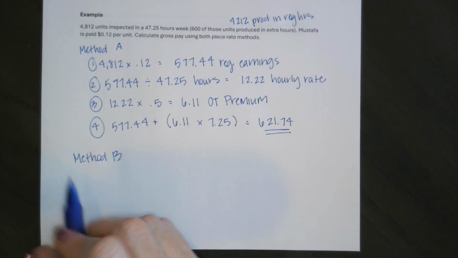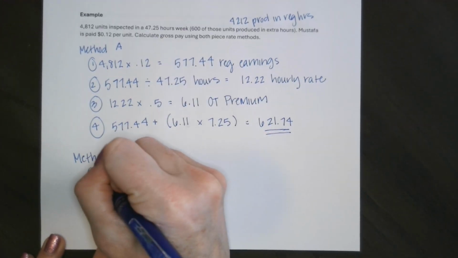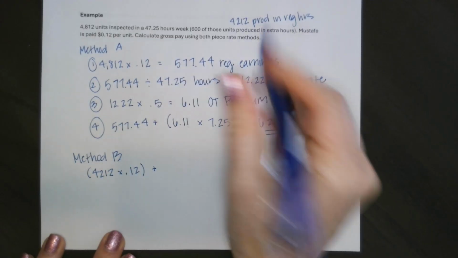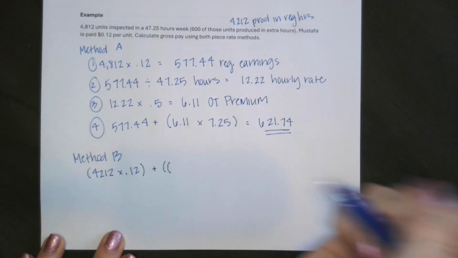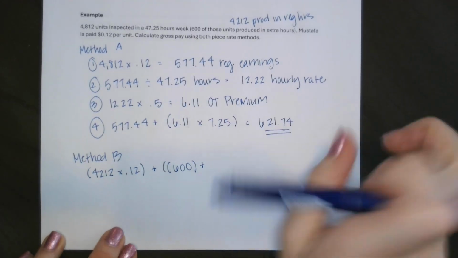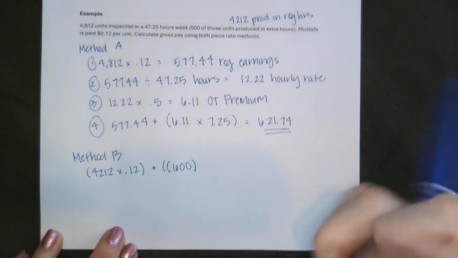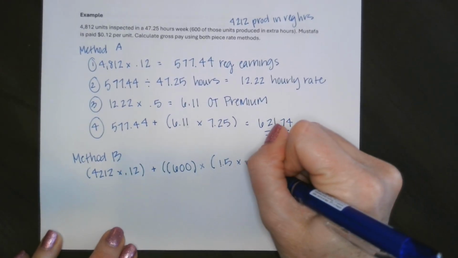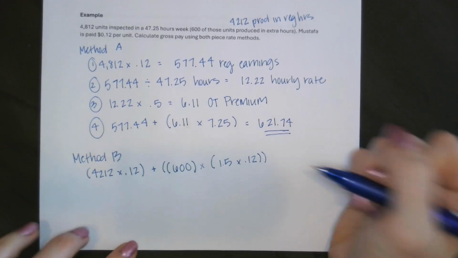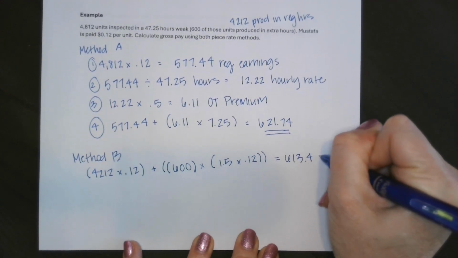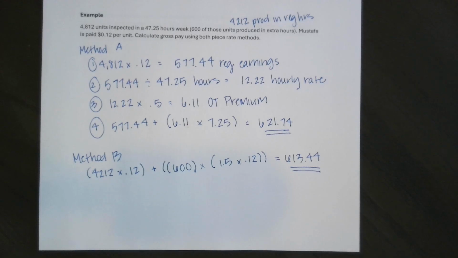So, for this one, units produced in 40 hours, 4,212 times 12 cents. Plus, units produced in overtime, 600, times 0.5 times 0.12. Calculating all these, you end up with $613.44 in gross pay using method B.